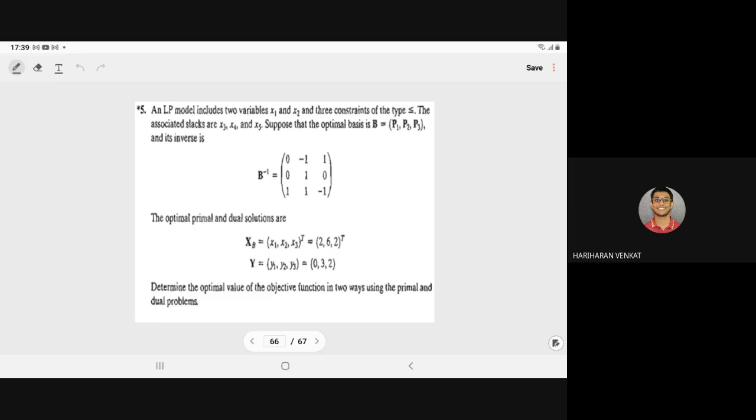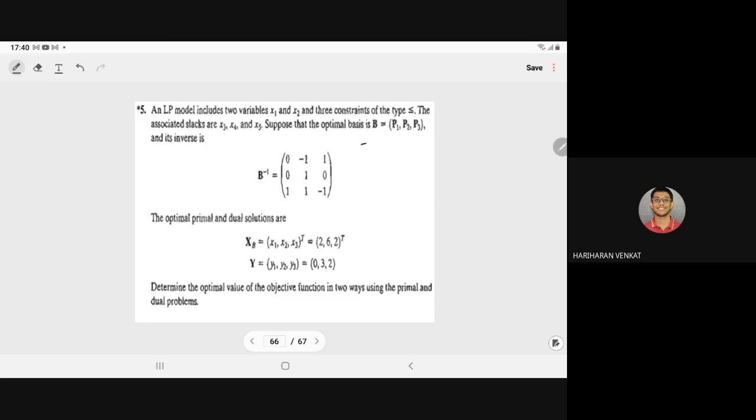So they are saying that we have a two variable problem. They have not specified whether it is a maximization problem or a minimization problem.